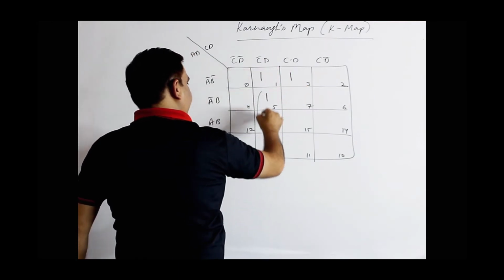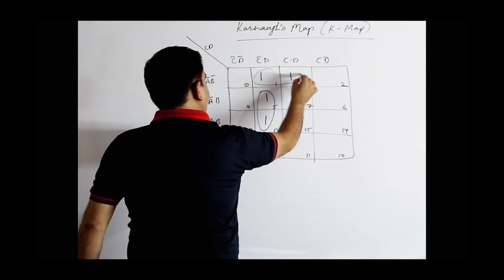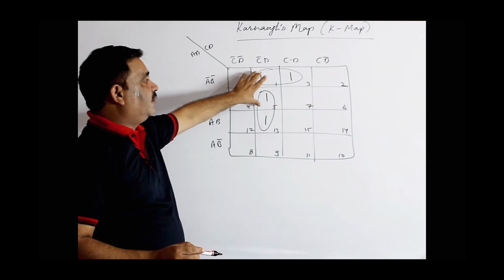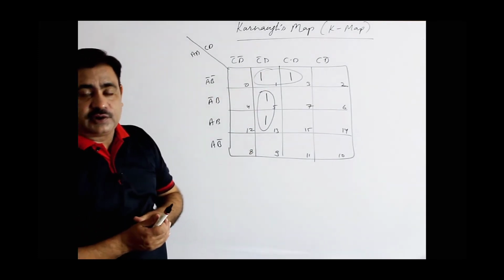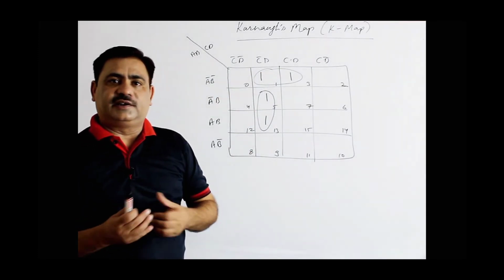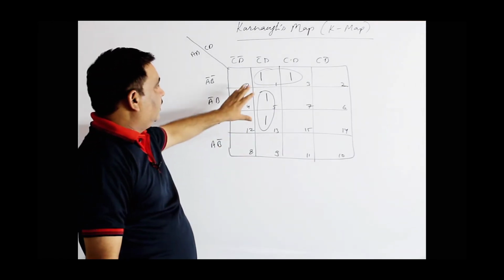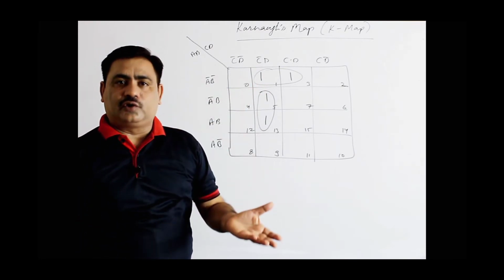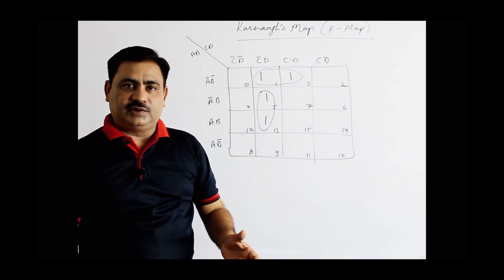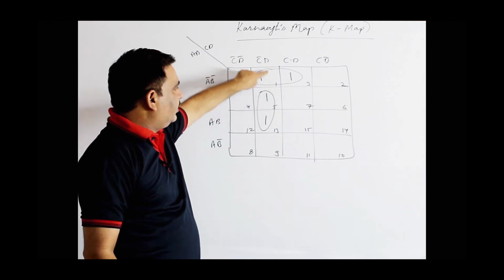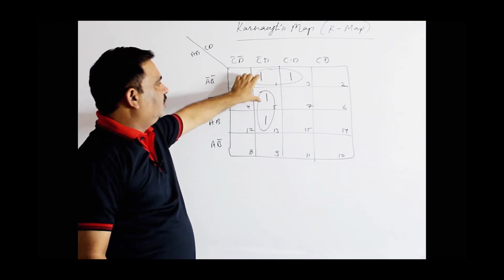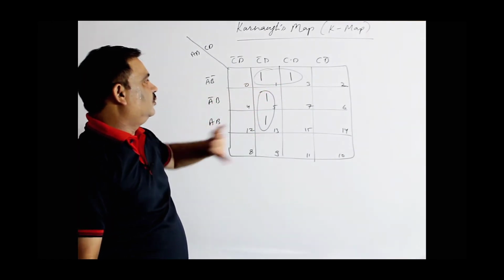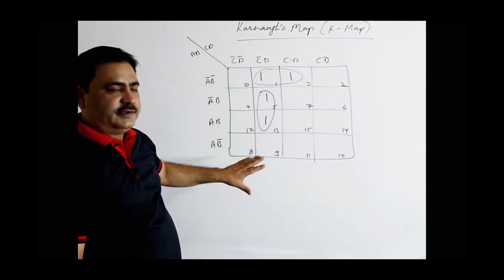But you can't take this vertical pair, because once you have taken these pairs, this type of pair is called a redundant pair or redundant group. What is a redundant group? If all the ones are already occupied by any other group. See, when you try to form this pair, both the ones are already occupied, one with this group and one with this group.